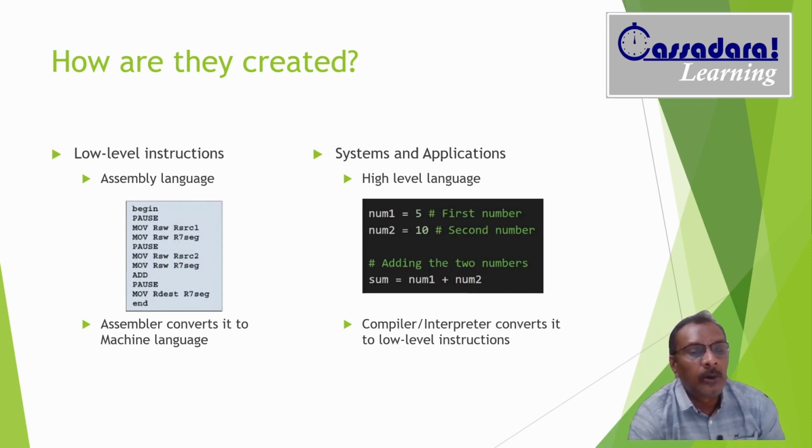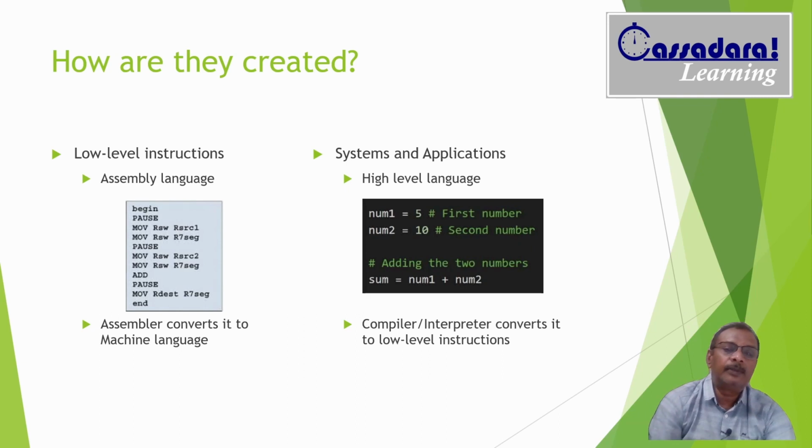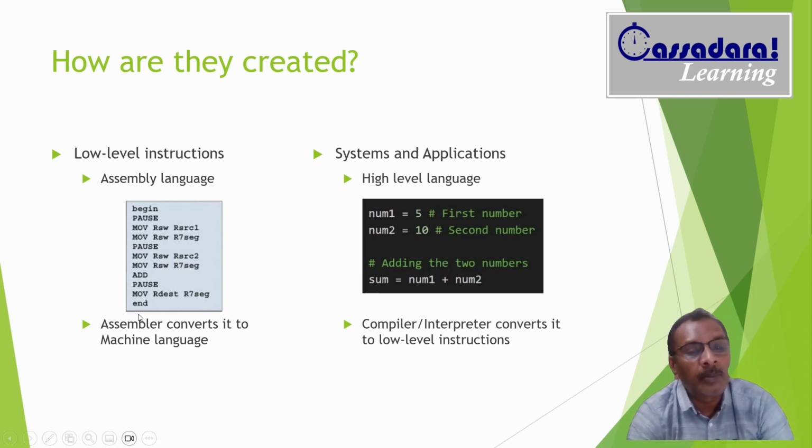So this is a low level assembly language, which in the modern world we are not going to program like this. Nobody is going to become a computer programmer if this is how we need to program, correct?